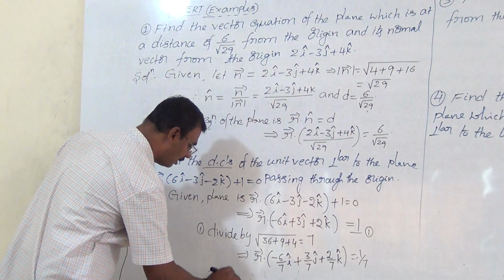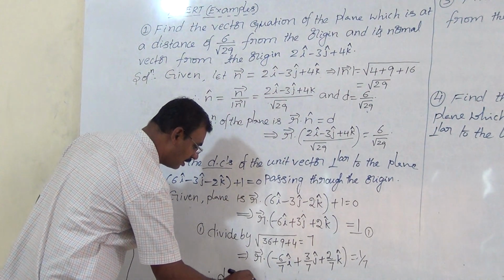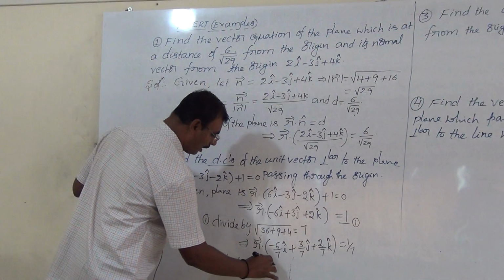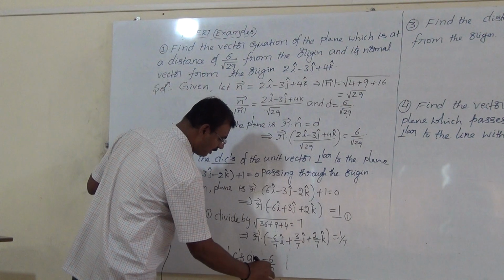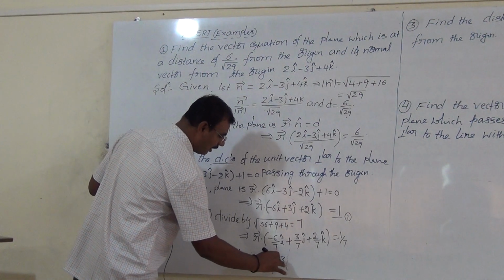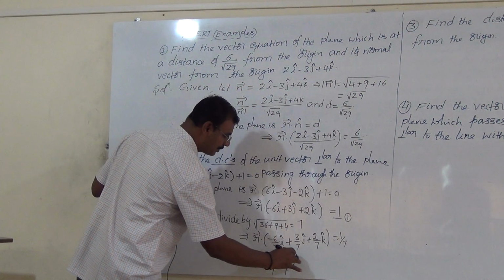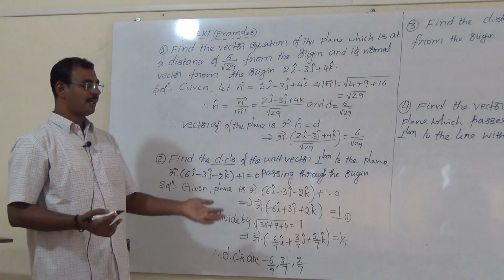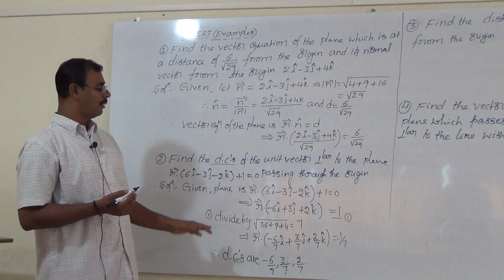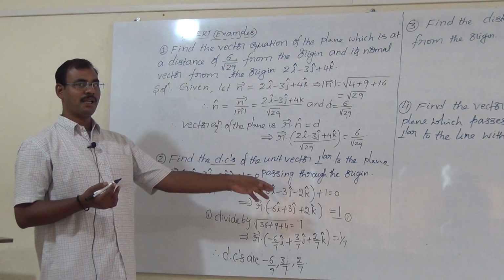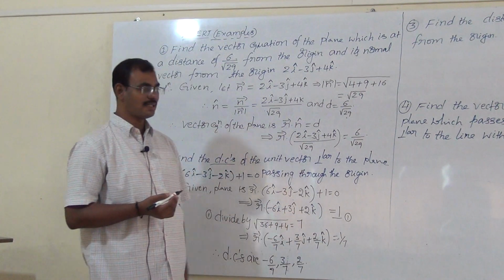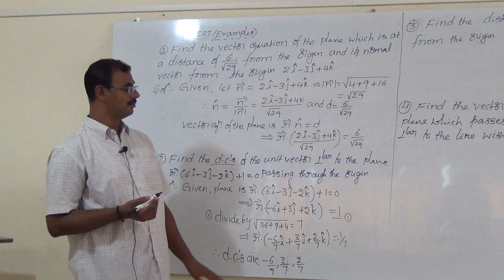Therefore, the direction cosines are minus 6 by 7, 3 divided by 7, 2 divided by 7. Suppose if you want the perpendicular distance of the plane from the origin, what is the answer? 1 by 7. D is equal to 1 by 7.